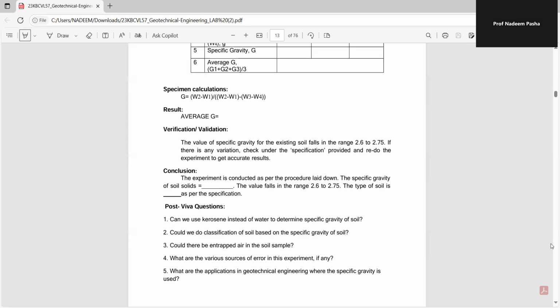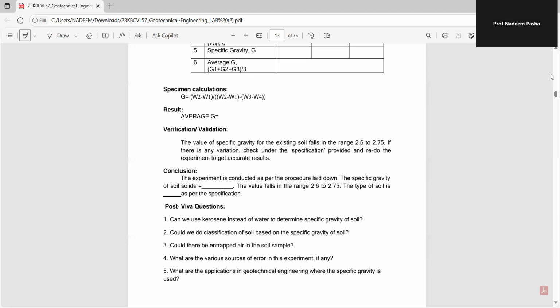What are the applications of specific gravity in geotechnical engineering? Generally, specific gravity is used whenever you construct a structure. In order to classify the different types of soil, you need to understand what specific gravity is. Because what is specific gravity?